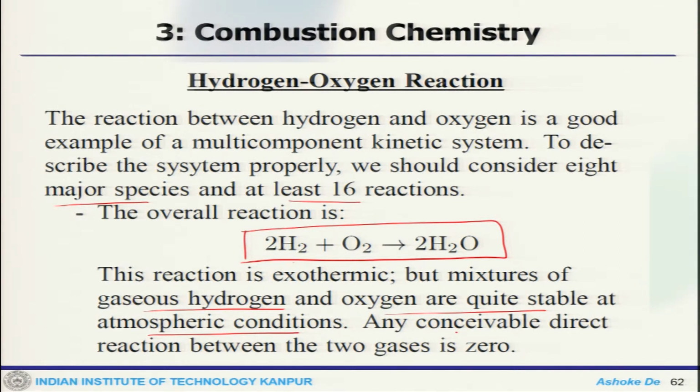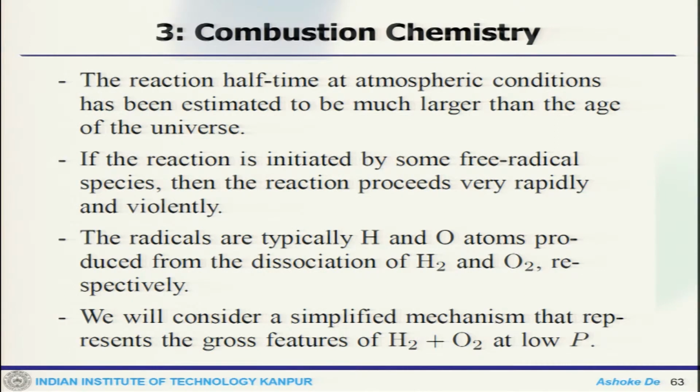So, any conceivable direct reaction between the two gases is not possible. The reaction half time at atmospheric condition has been estimated to be much larger than the age of the universe, which says that if the reaction is initiated by some free radical species, then the reaction proceeds very rapidly and violently.